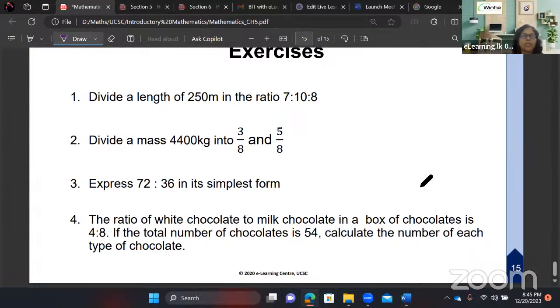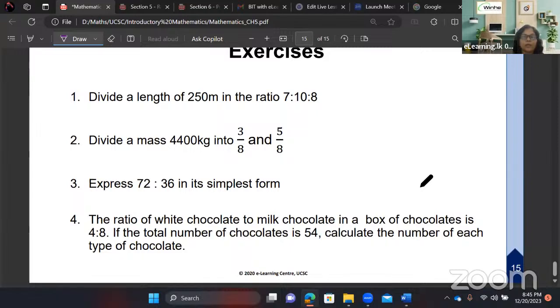How do you do the first one? Divide the length of 250 meters into the ratio 7, 10, 8. What should we do first? First find out the total number of parts.